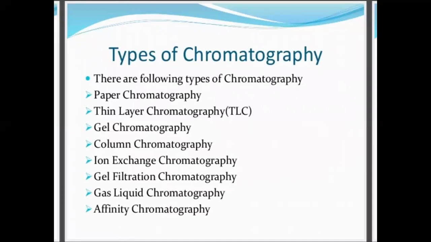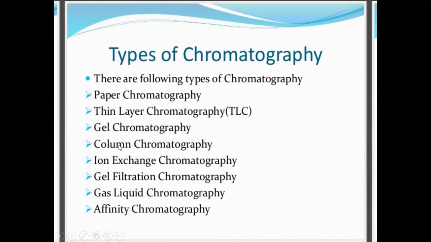Coming to the types, already we have completed the classification. Types of chromatographies. One is the paper chromatography. And the second one is thin layer chromatography. The third one is the gel chromatography.